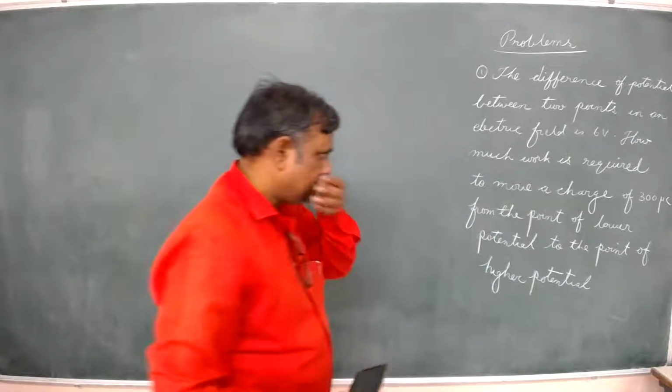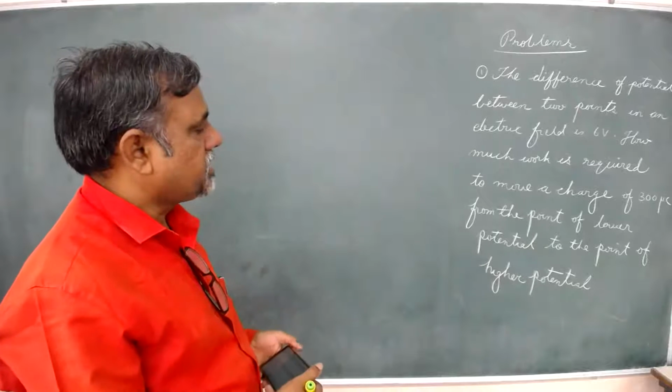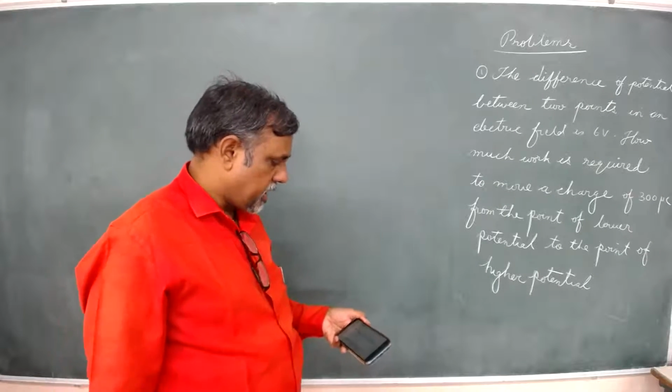Please note down. The difference of potential between 2 points in the electric field is 6 volt. After noting down, just keep doing.